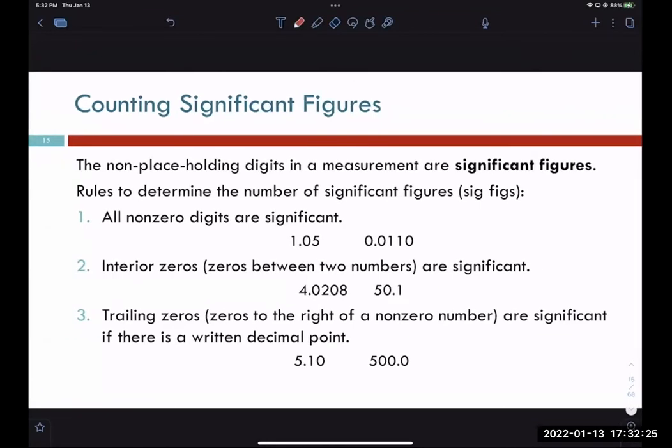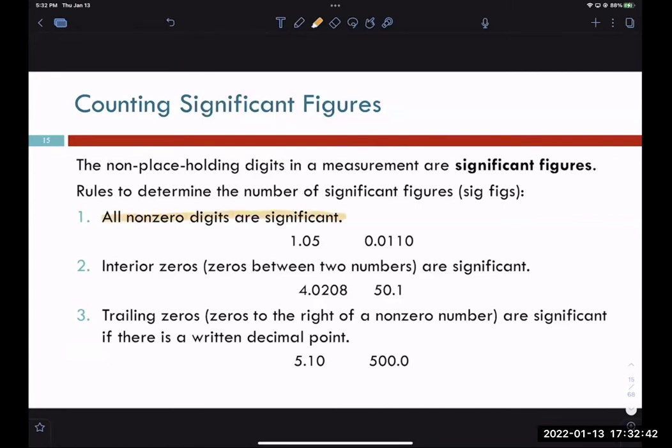These are the three major rules. We got a couple other rules that cover some other cases, but they fit into these three. So for all non-zero digits, those are significant.